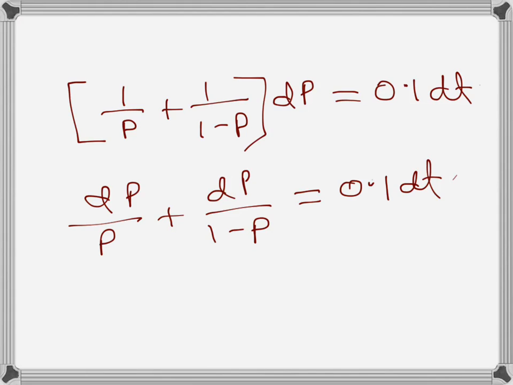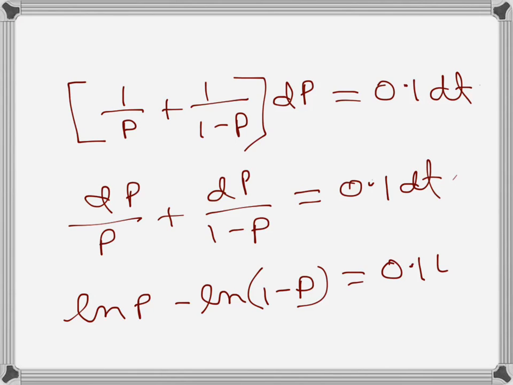Now if we integrate at this point, it becomes ln P and then minus ln(1 minus P). This is minus because of that negative sign, and this is 0.1 t plus c1.